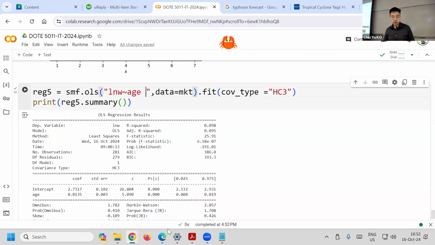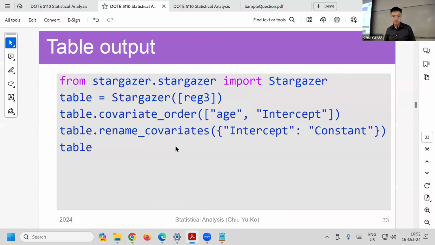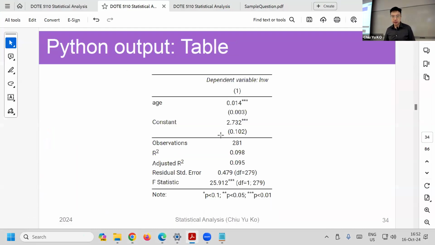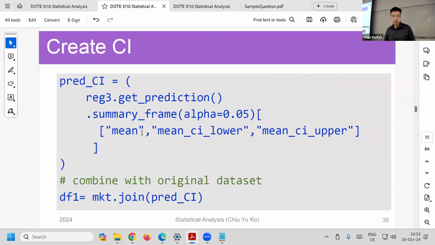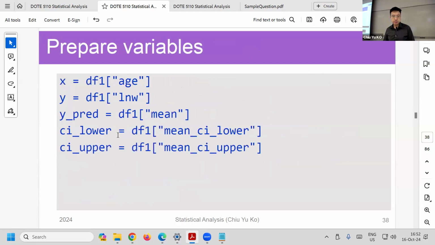So that is the model you have, and this is the model we looked at already. And then you can look at the CI, the confidence interval, and look at the mean.